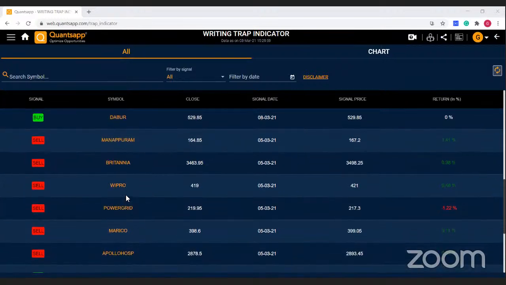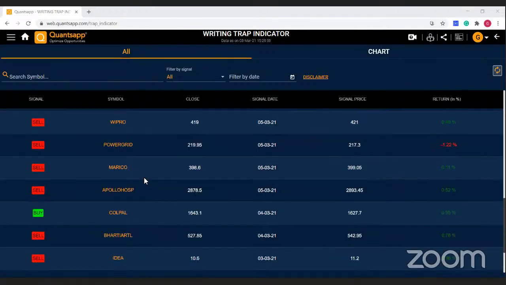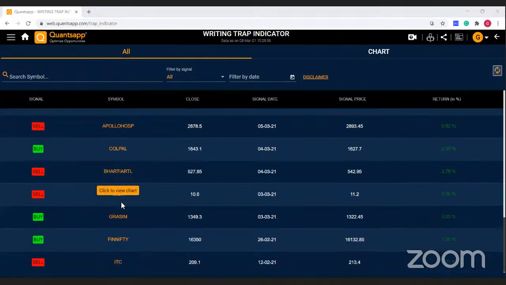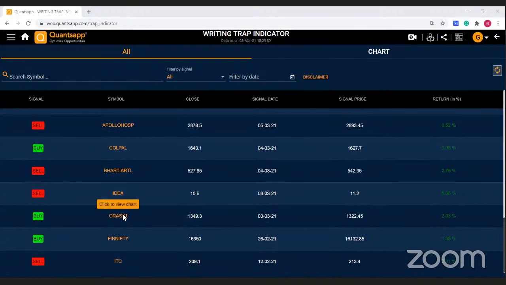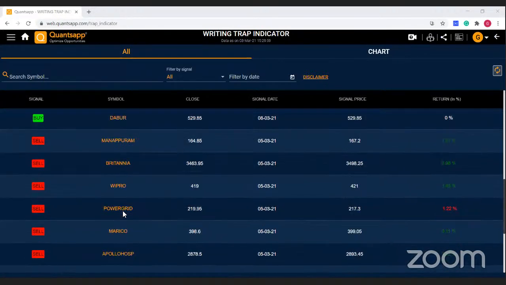If I scroll down, there are lots of stocks that come into the trap indicator. Yesterday, Manappuram, Britannia, Wipro, Power Grid, Marico, Apollo Hospital, Bharti Airtel, Idea, Grasim. So there are lots of stocks that come each particular day based on the options data.